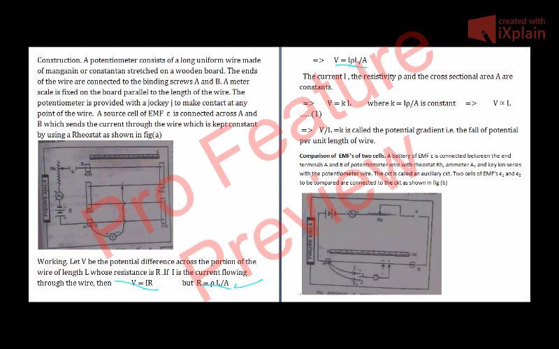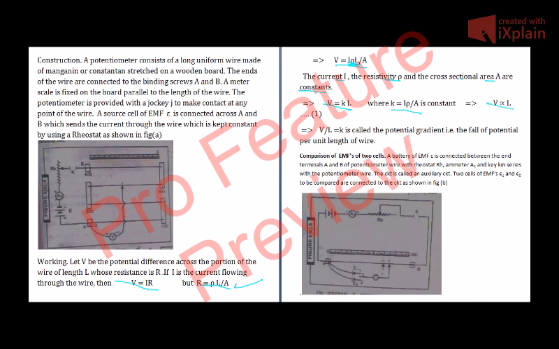So V is equal to I rho L by A. The current I, the resistivity rho, and the cross-sectional area A are constants. They will not vary. This means V is equal to KL, where K is equal to I rho upon A, which is a constant.